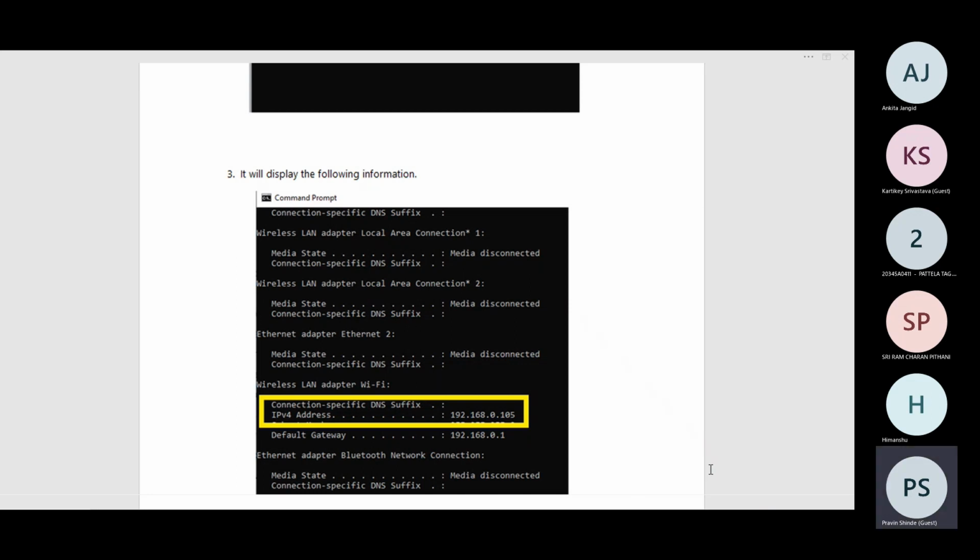Okay, Tagore, good. IP is 192.168.200.27.